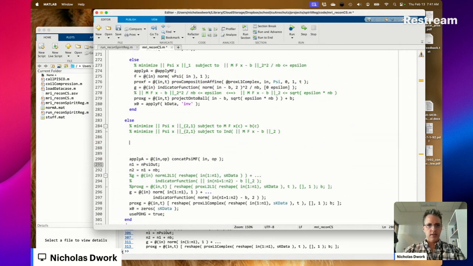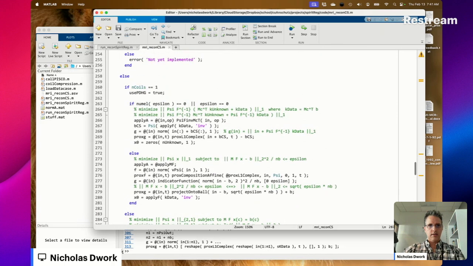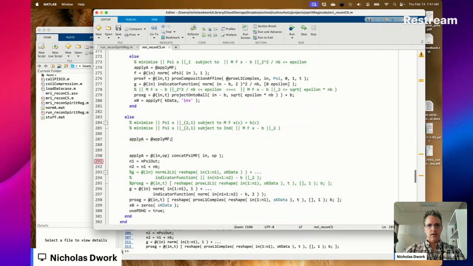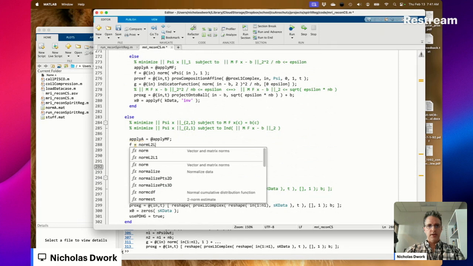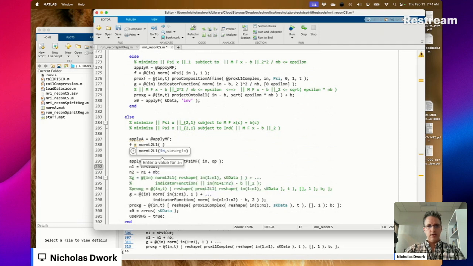So how are we going to do this? Apply A is equal to apply MF. F is equal to norm L2, L1 of psi of X. Psi here I think is going to break.